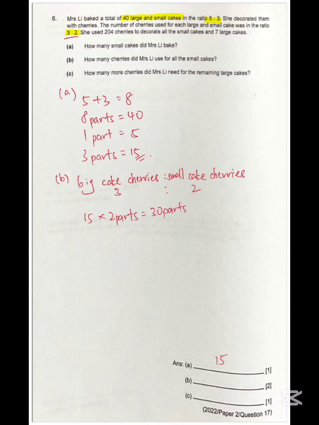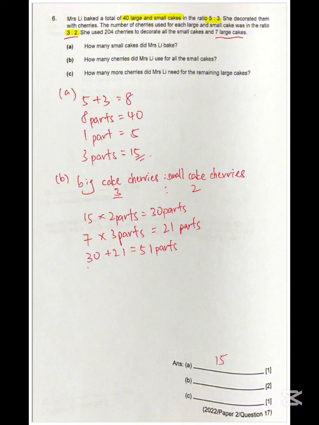This is for small cake. Then for big cake, I know there's 7 large cakes that use cherries. So 7 large cakes times 3 parts. Because big cake cherries, they use 3 parts, right? This will give me 21 parts. So in total I have how many parts? 30 plus 21. This gives me 51 parts.